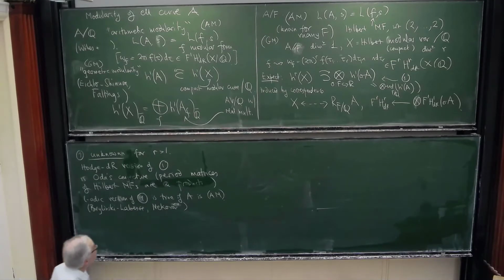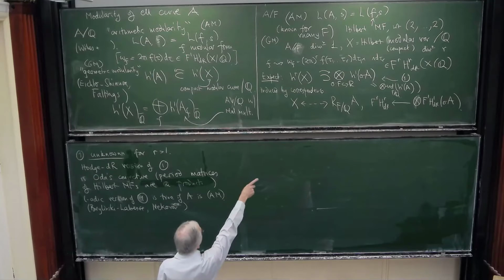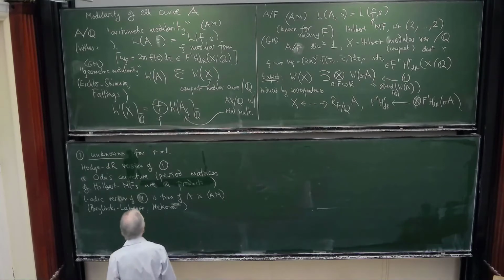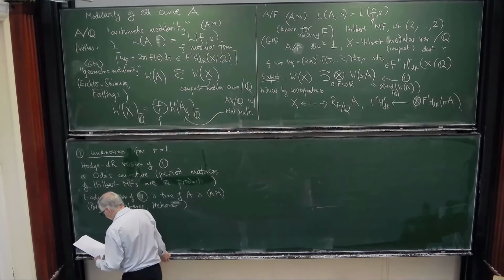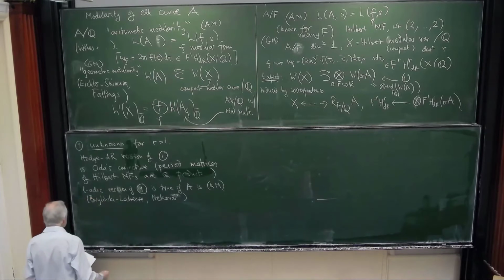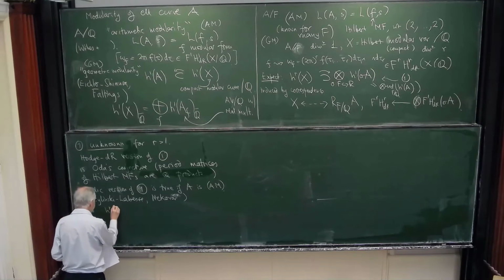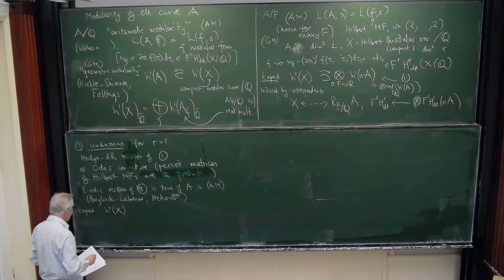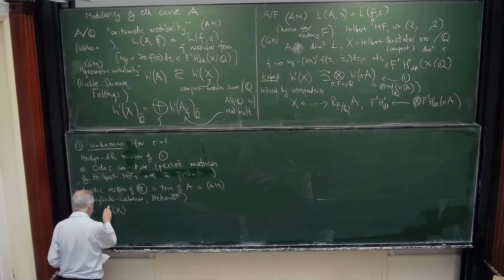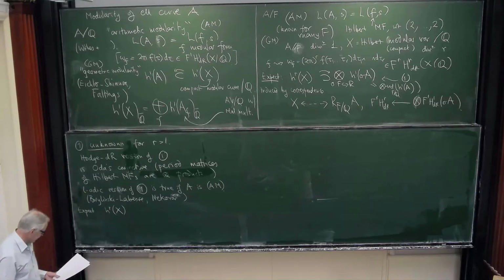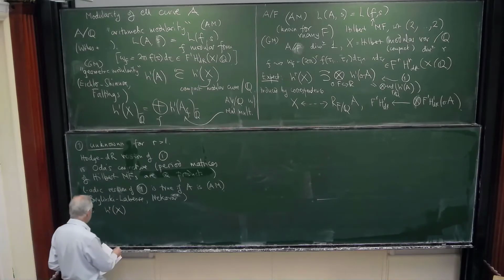So it's a rather more subtle geometric modularity. What we expect is that you take the whole motive H^R of X. I'm being a bit vague here; what I really mean is the intersection cohomology motive of the minimal compactification.